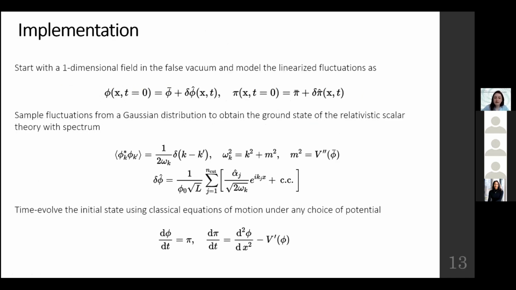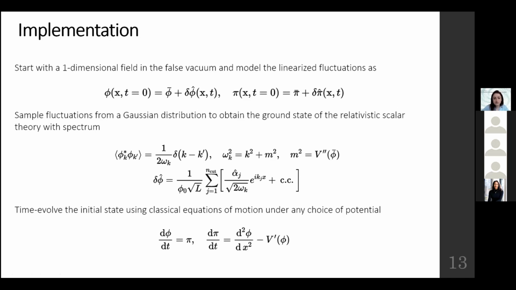In terms of implementation, we do this using a spectral code in one dimension, where we construct the field as described on this slide. So we linearize around this mean value, which is what we are eventually looking for: the mean value is going to be the false vacuum. We have this field of fluctuations here, which is the field to be quantized in this framework.